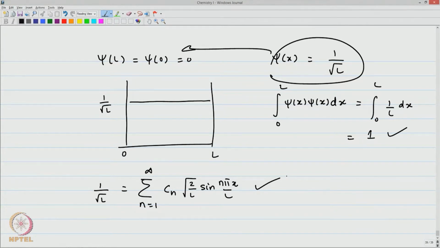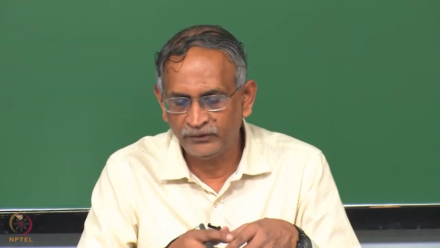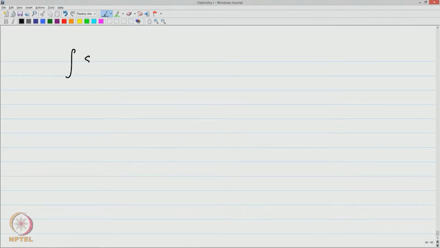Now, from the previous problem that had the particle in a box with an arbitrary wave function, we know immediately how to calculate Cn, because that is essentially taking the integral on the left hand side with any arbitrary eigenfunction, sin m pi x by L times square root of 2 by L, from 0 to L, into 1 by root L. This is the wave function psi of x, and this, you remember, is psi n, the eigenfunctions.